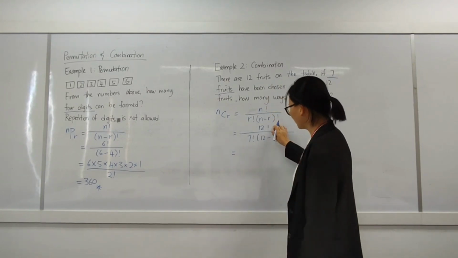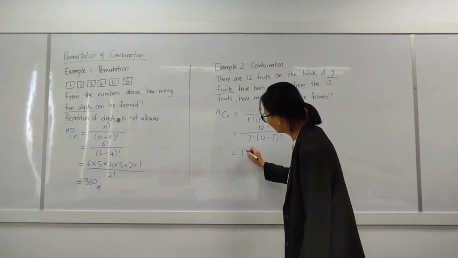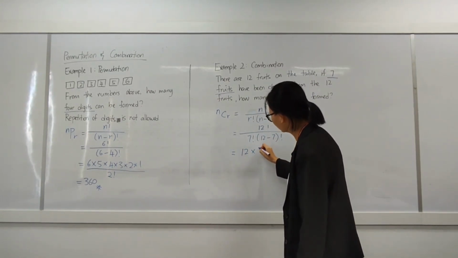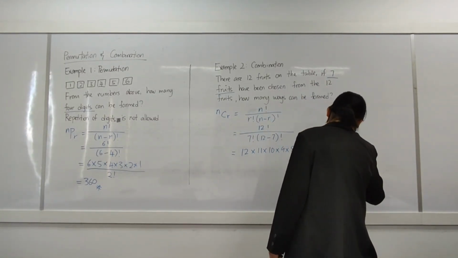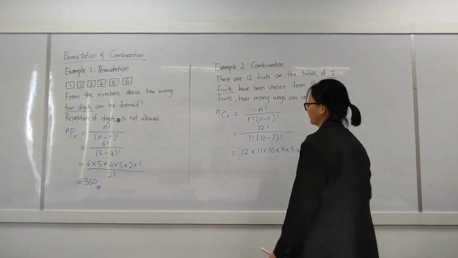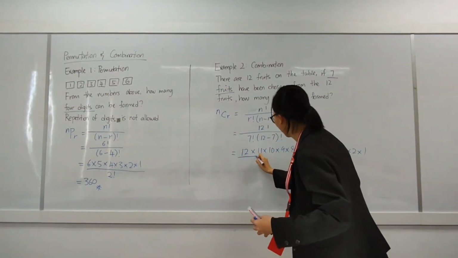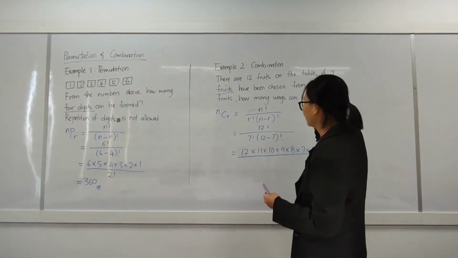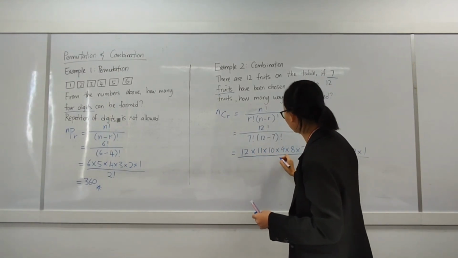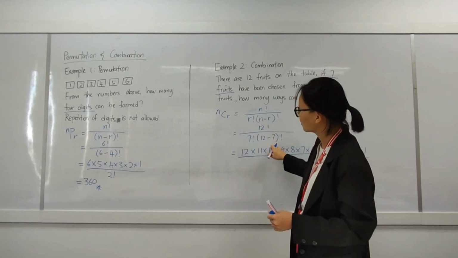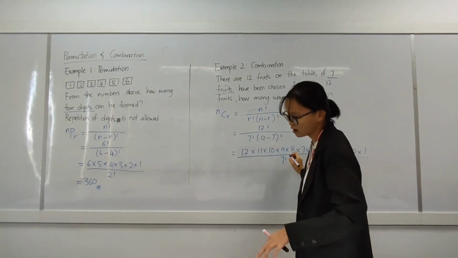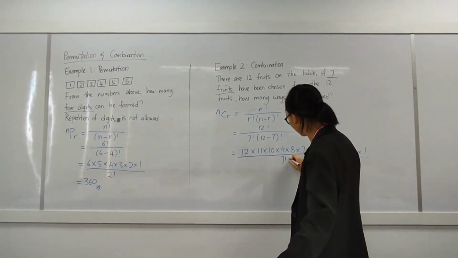So 12 factorial will be expanded: 12 multiplied by 11, multiplied by 10, multiplied by 9, multiplied by 8, multiplied by 7, multiplied by 6, multiplied by 5, multiplied by 4, multiplied by 3, multiplied by 2, and multiplied by 1. So it is very long. Alright. So 7 factorial, we just write it down here. And then 12 minus 7 equals 5. Okay.